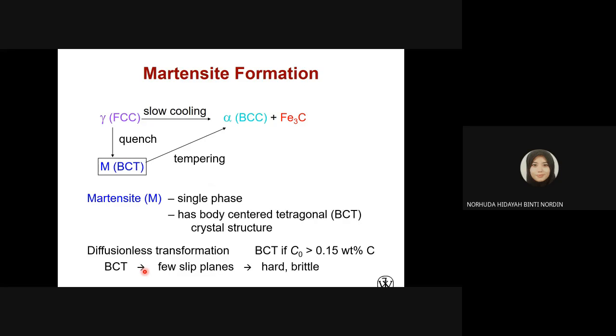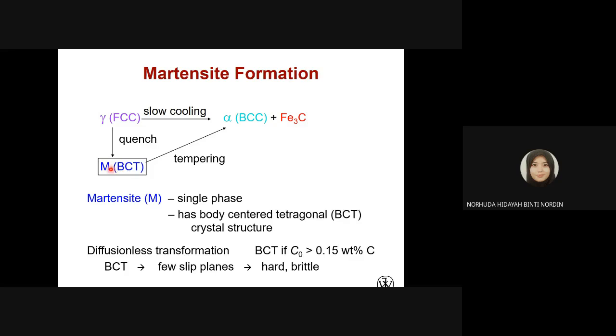Okay, this is the summary. Austenite, when you cool it slowly and steadily, you will get ferrite and cementite, which is perlite. If you do very fast cooling, we call it quenching, very, very fast, you will get martensite, which is in BCT structure, body-centered tetragonal.